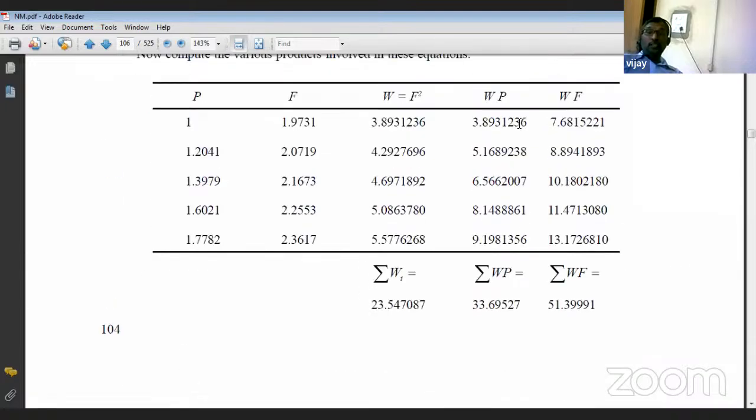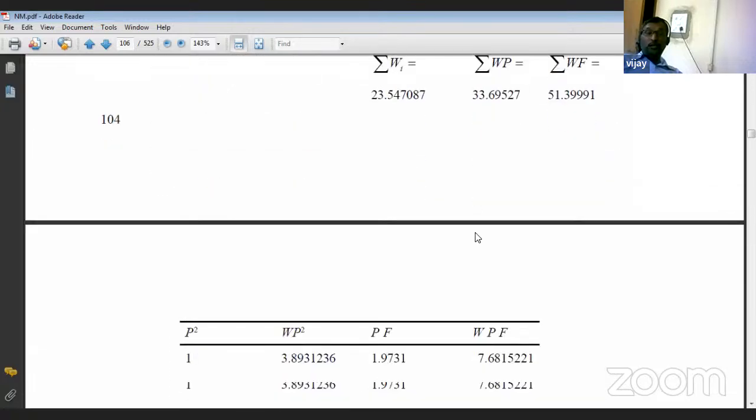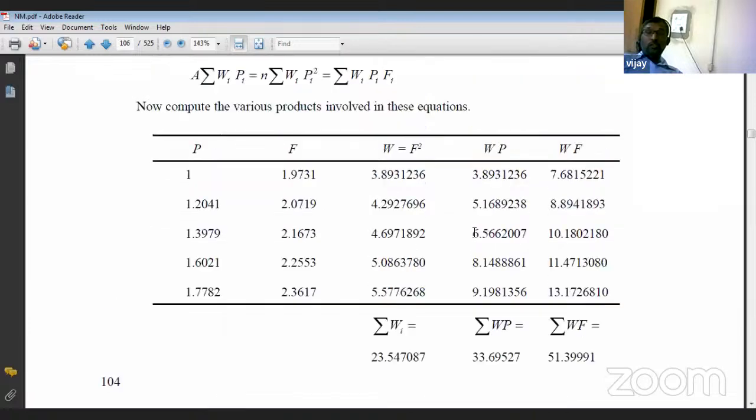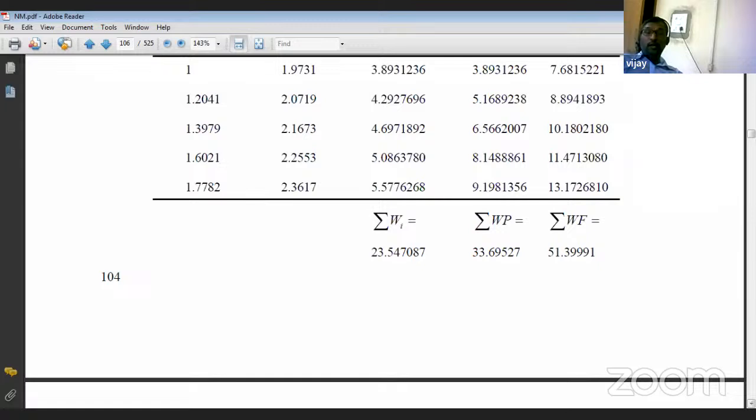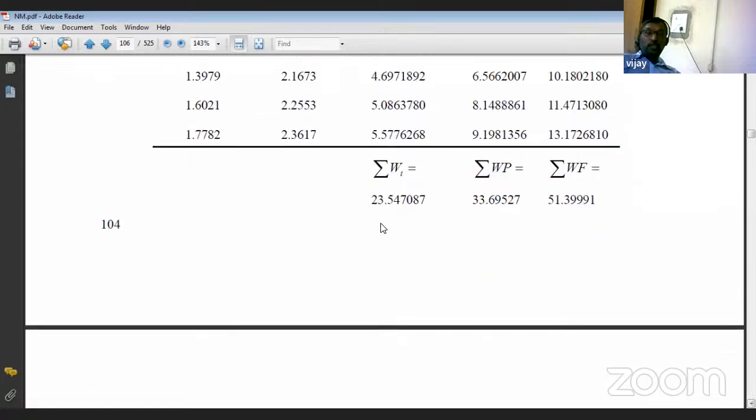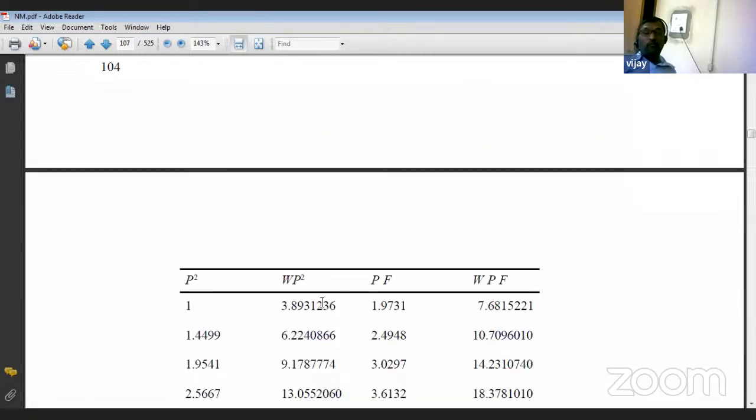3.8931236. So this W I am writing, then 5.238. So 1 multiplied by the same, 1 into P square means 1. W into P square means 1. So P square value of W: 4.2972696 into 1.4499.